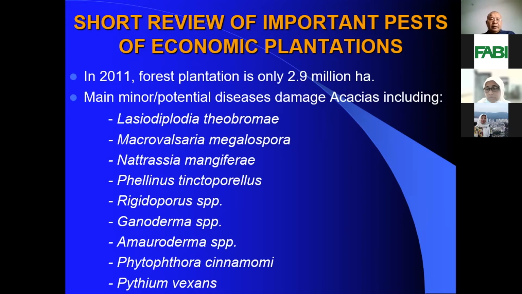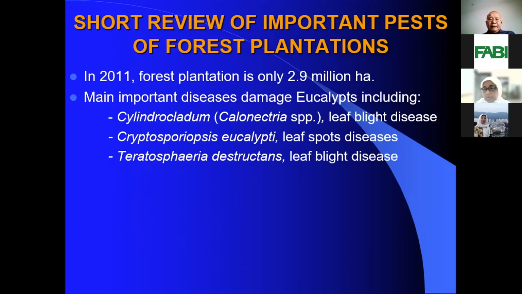And the main important diseases damaging eucalyptus include Cylindrocladium or Calonectria spp, leaf blight disease, Cryptosporiopsis eucalypti, leaf spot disease, and Teratosphaeria destructans, leaf blight disease.